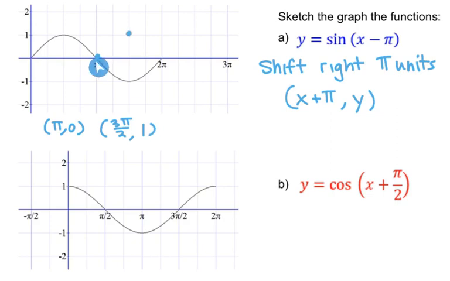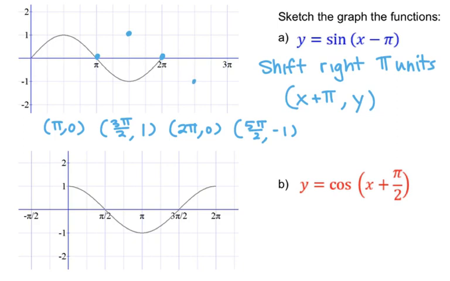My next key point is at pi, 0. So if I take pi, 0 and I add pi to that, that gives me 2 pi, 0. My next key point down here was 3 pi over 2, negative 1. Adding pi to that takes me to 5 pi over 2, negative 1.